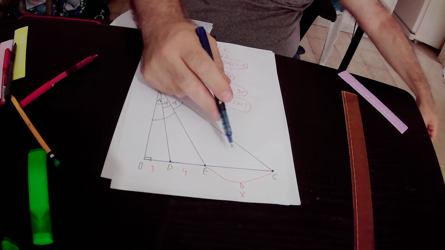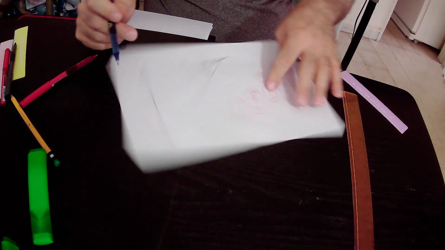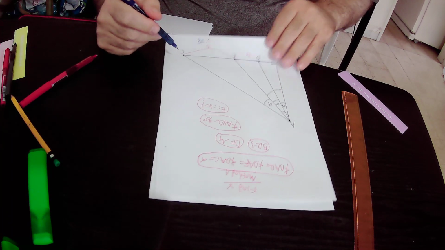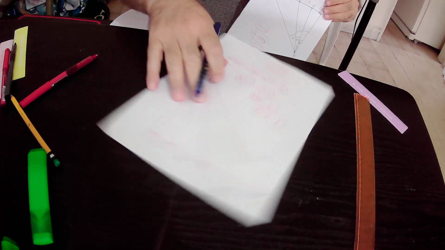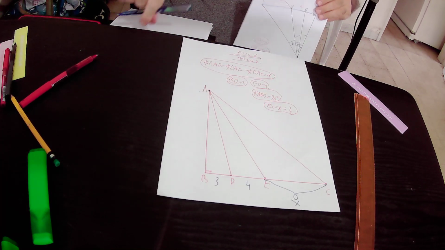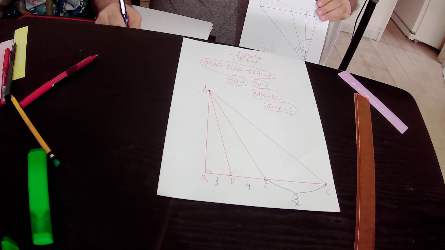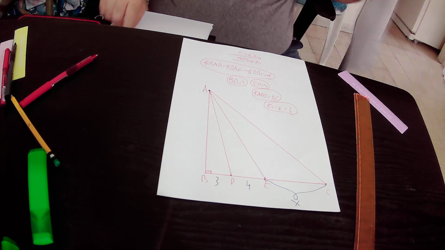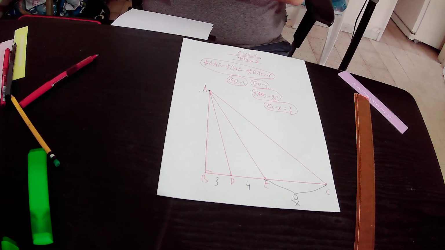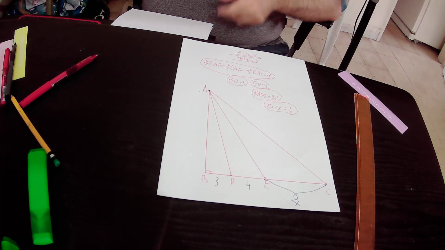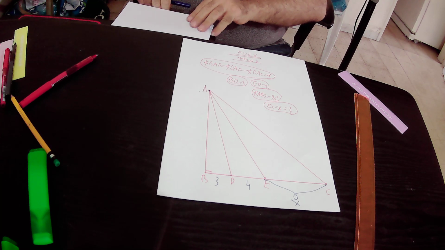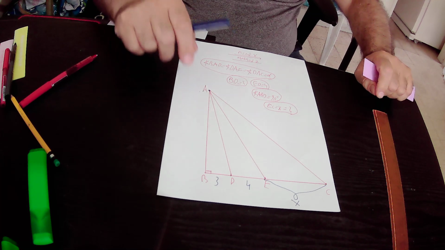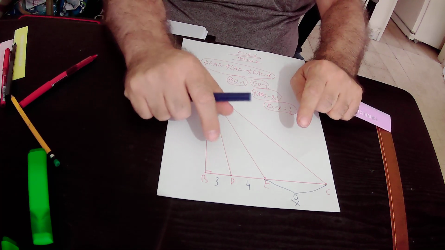That is to say, EC equals x equals 8 units. So we finished with the first method. In the next step we will find out the value of x according to the second method. We will extend side BD by 3 units.